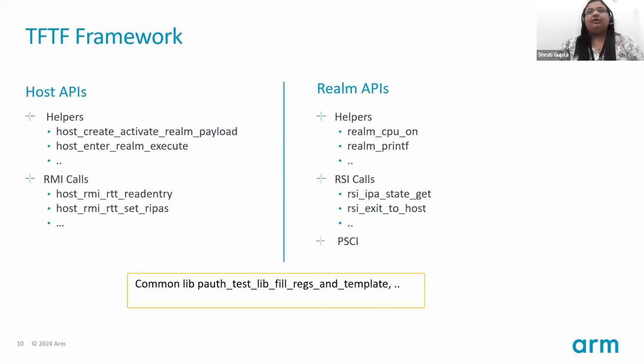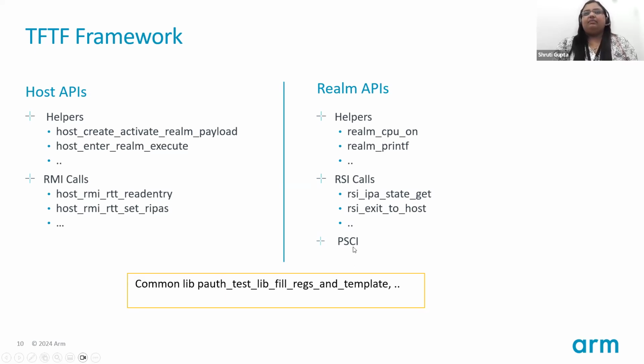Coming to the framework, we have a bunch of APIs which a host can call and a list of APIs which a realm can call. Anything called by the host, the helpers are named host underscore. This is the convention we follow. And on the realm side, all helpers are realm underscore the function. There are many helpers like this. Similarly, all the RMI calls are named host underscore RMI, and all the RSI calls are named RSI underscore whatever the RSI call is.